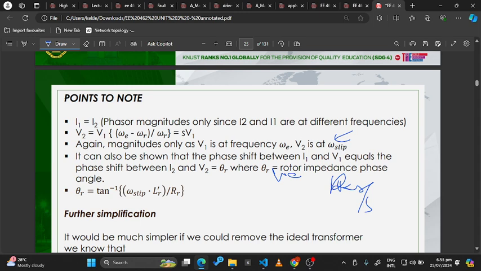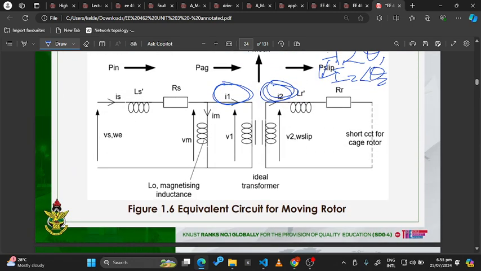V2 is also equal to V1. The V2 you see over here is also equal to V1.